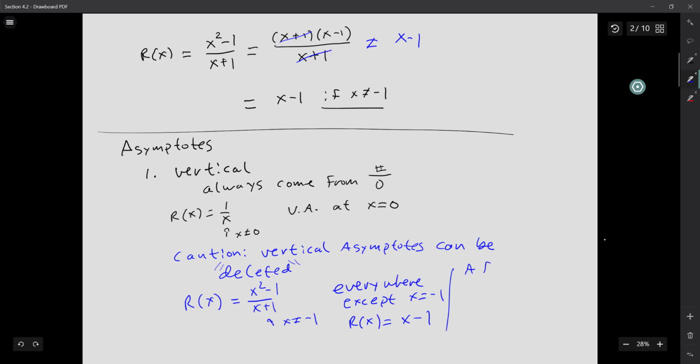So as a rule here, a factor that cancels with the bottom, so if I have a factor on top that cancels with a possible vertical asymptote, then what's going to happen is I get a hole.